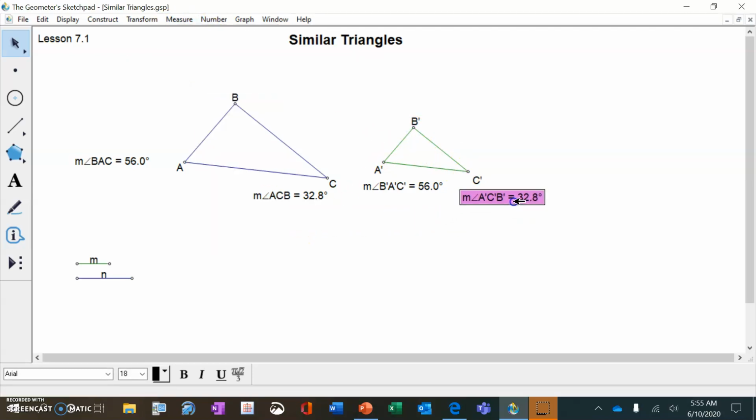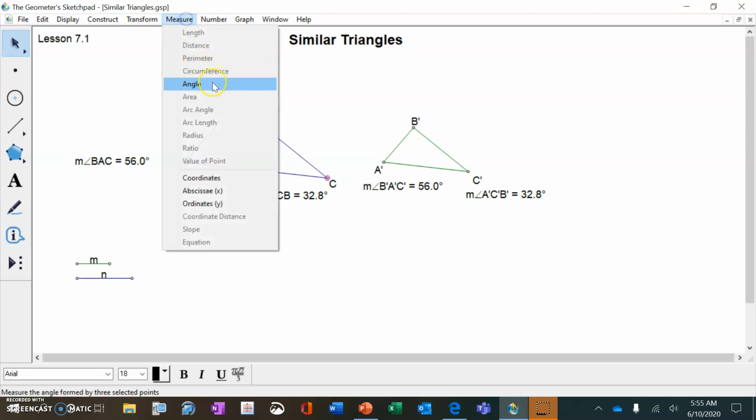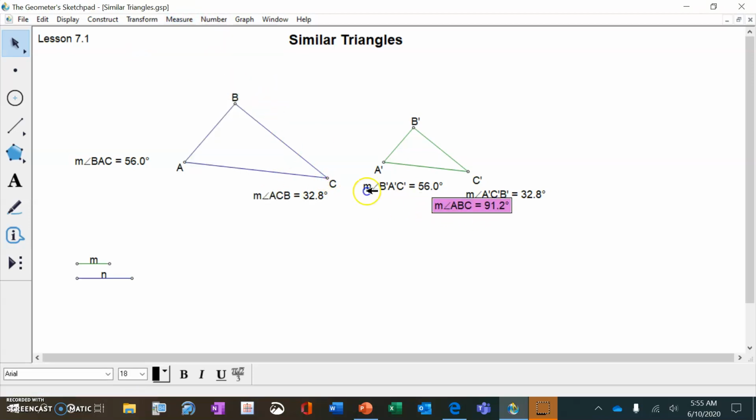It seems like these corresponding angles are equal, so let's see if that's true for this angle B up above. The measure of that angle is 91.2, and the measure of its corresponding angle is also 91.2.